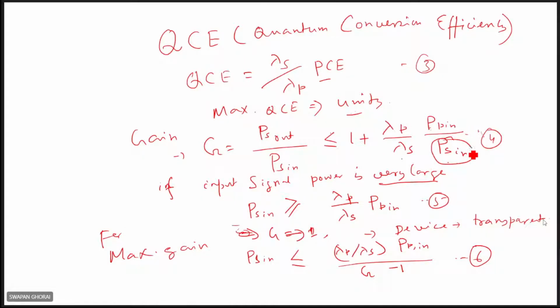So only 1 remains and gain will be 1. That means the device will act as a window, so output will be equal to input; the device acts as transparent. So for maximum gain, input signals will always be less, and the condition is lambda p by lambda s times P pump input by G minus 1.